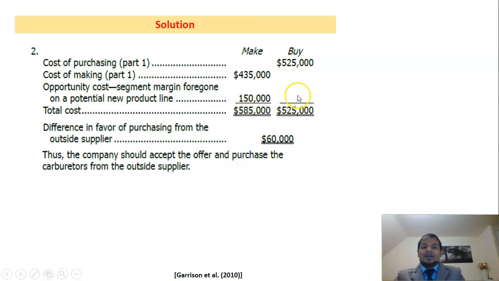So if you show this figure as revenue here, so this is revenue and this is cost, you have to deduct this amount from here. Then you can compare what would be the total making cost of 435, and what would be your cost of buying. And again, you will see the same difference. All right, so that is another way you can show it as well.